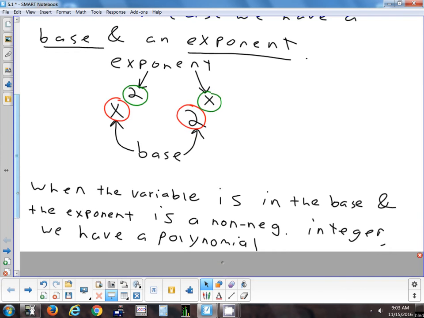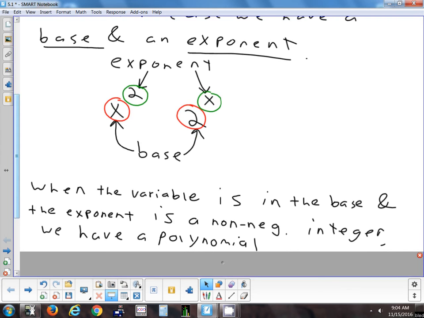So as I said before, the one on the left, that's an example of a polynomial. In a polynomial, you have the variable in the base, and the exponent has to be a non-negative integer. So for example, x to the 1.4 power, that's not a polynomial.